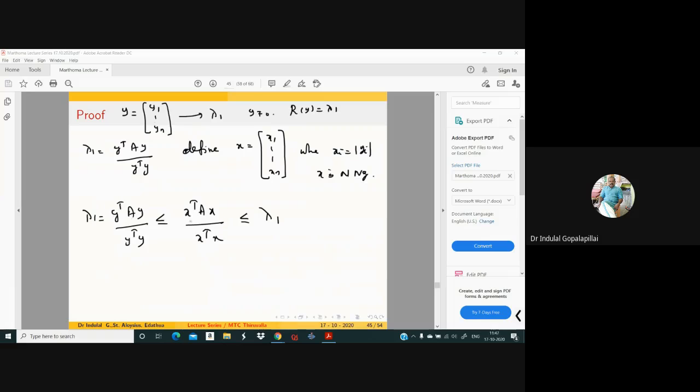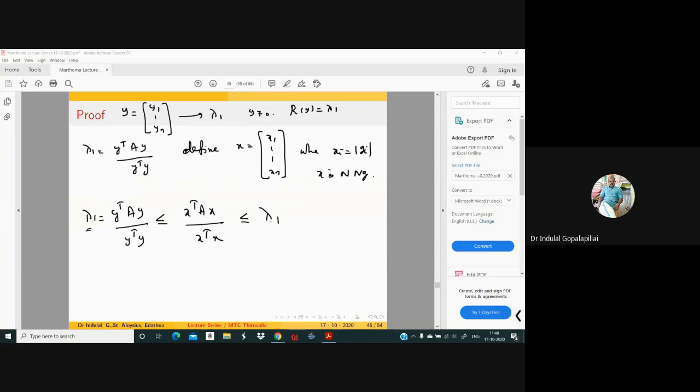So this is less than or equal to x transpose Ax by x transpose x, because in y there may be negative entries, and then the contribution will be less than or equal to the positive contribution. This is the Rayleigh quotient of x, and lambda 1 is the supremum among Rayleigh quotients. So this Rayleigh quotient is less than or equal to lambda 1, but we began with lambda 1, that is less than or equal to it.